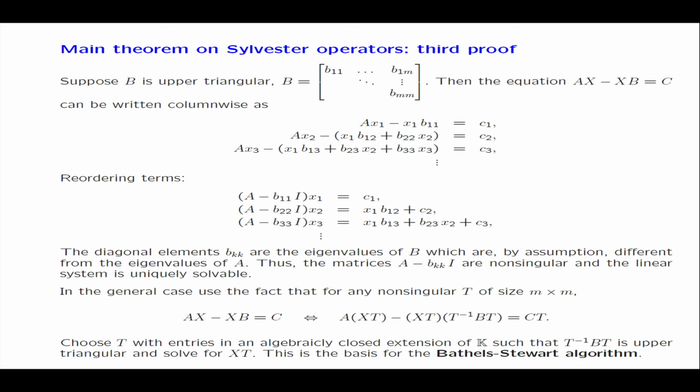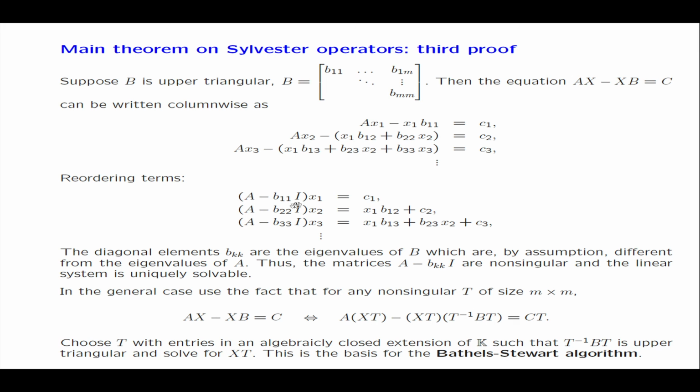Then we can take this equation and write it down column-wise, and the outcome is this sequence of equations.